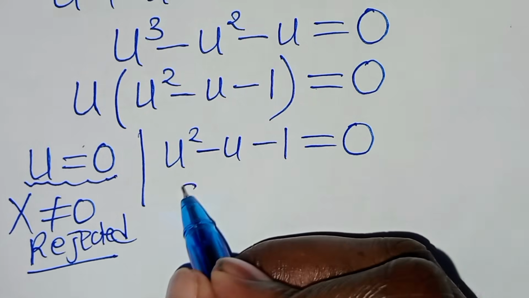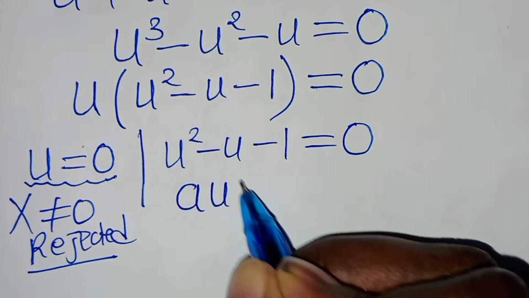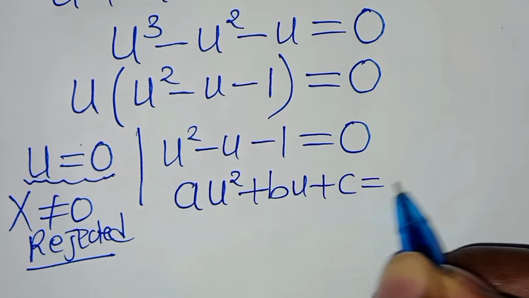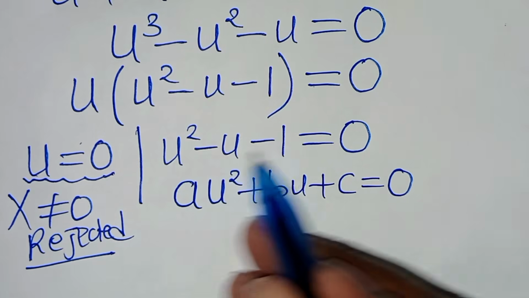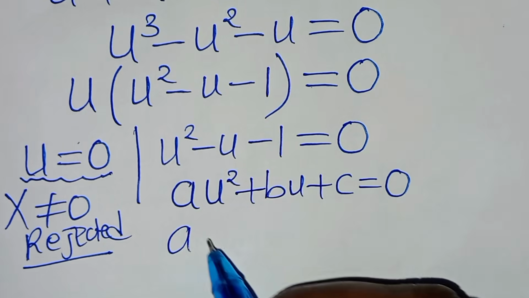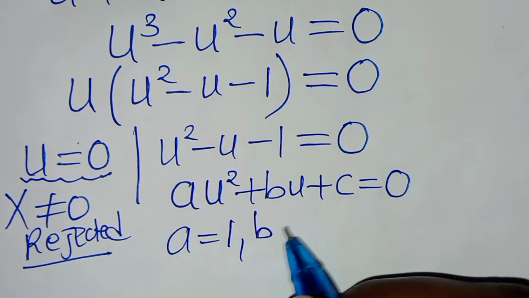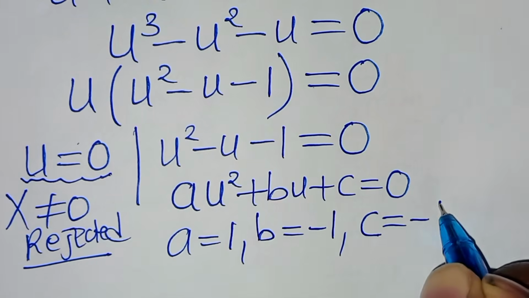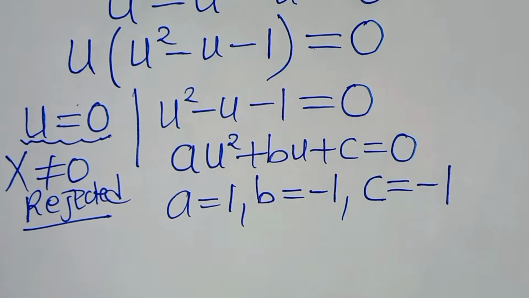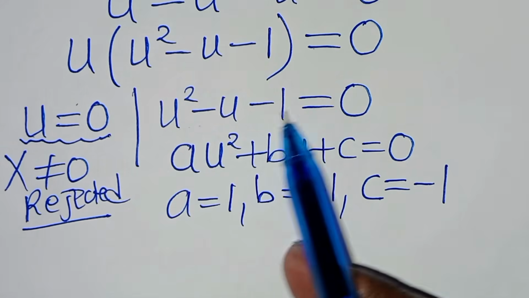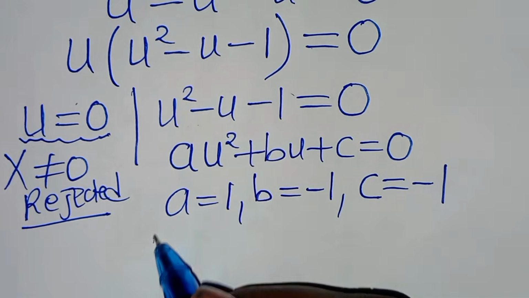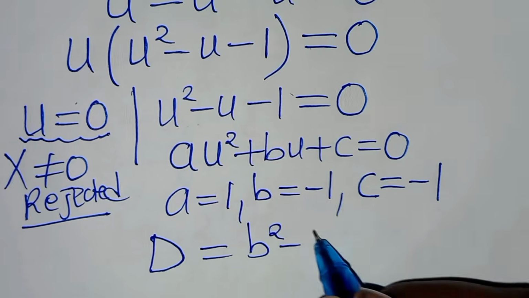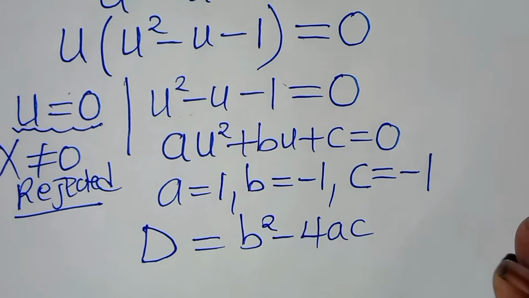This is a quadratic equation of the form au squared plus bu plus c equal to 0. From this quadratic equation here, we have that a is equal to 1, b is equal to minus 1, and c is also equal to minus 1. So the next step, we can assess the nature of this quadratic equation by determining the discriminant value, which is b squared minus 4ac.